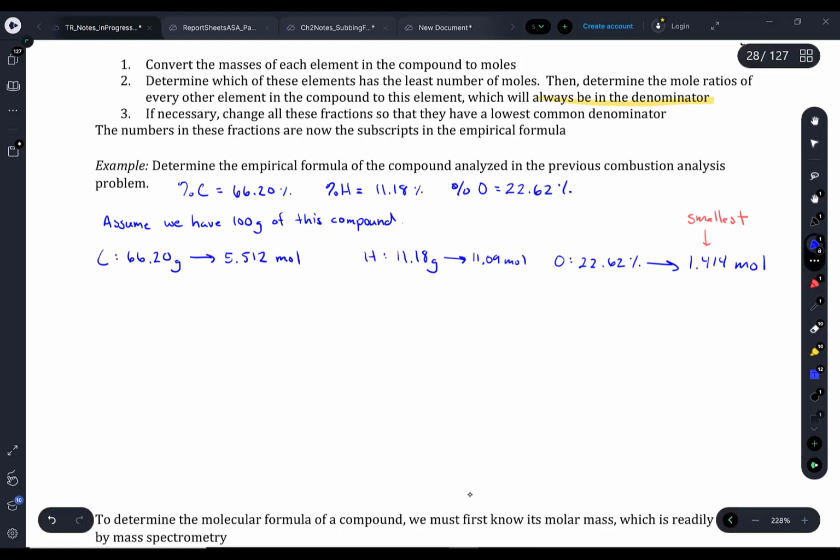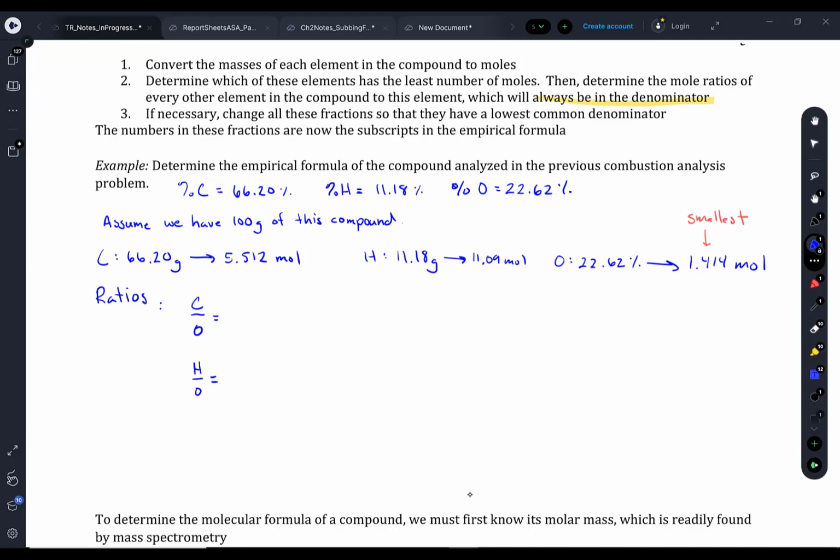So our ratios are going to be carbon to oxygen and hydrogen to oxygen. Again, these are mole ratios, because that's what your formula is, right? It's a ratio of atoms to atoms, which is also a ratio of moles to moles.